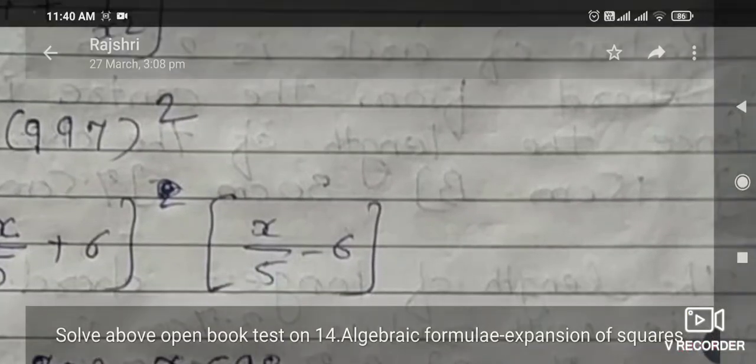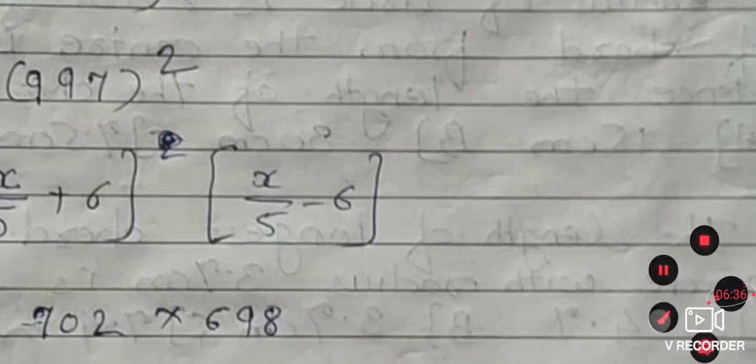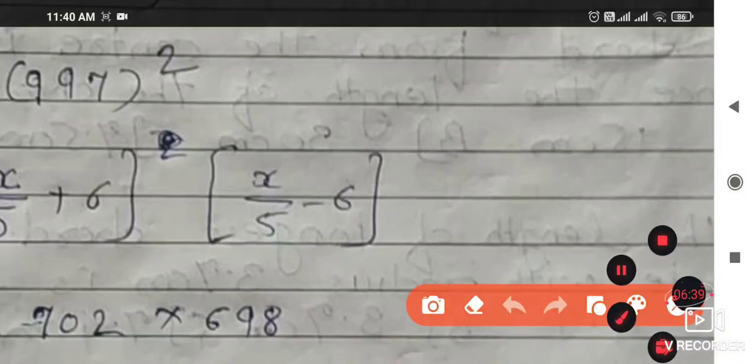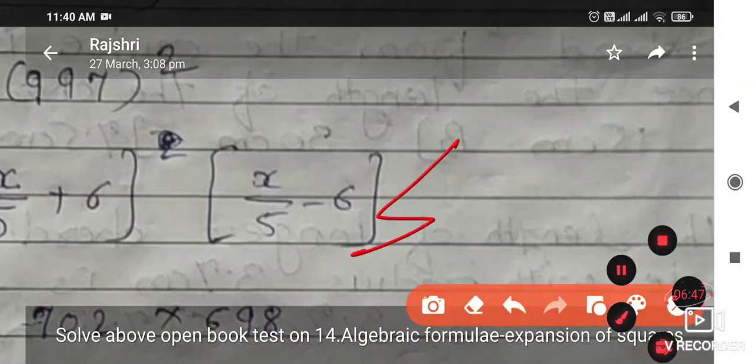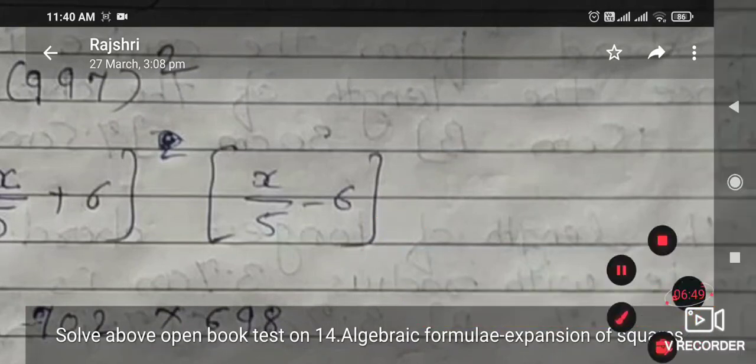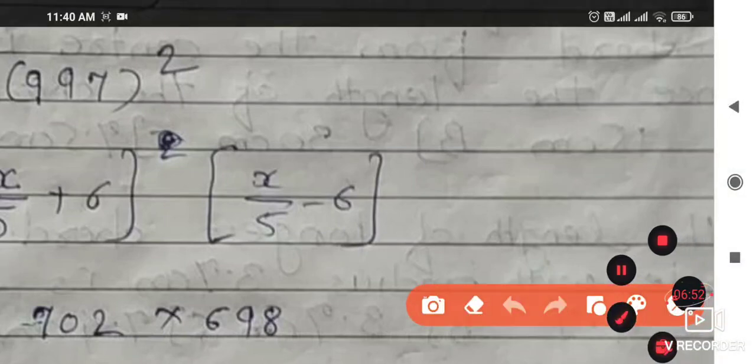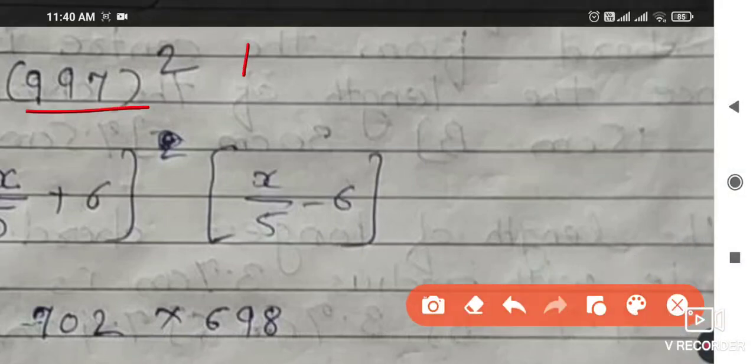The nearest round figure is 1000. So this means 1000 minus 3, which is 997, and the bracket square.